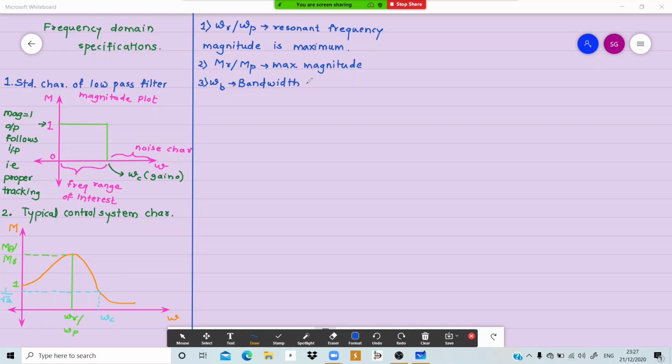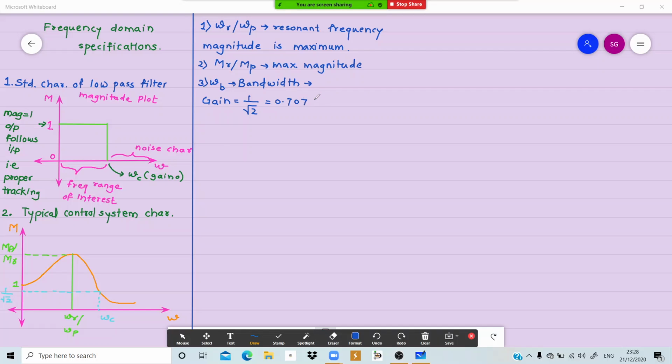Bandwidth is the range of frequency over which the magnitude will not be below 0.707. That means gain should be greater than or equal to 1 upon root 2, that is 0.707.